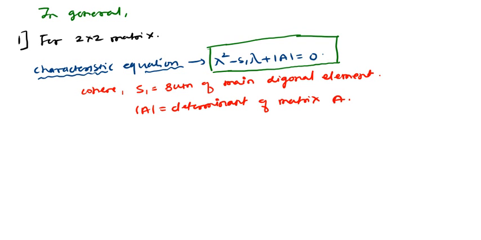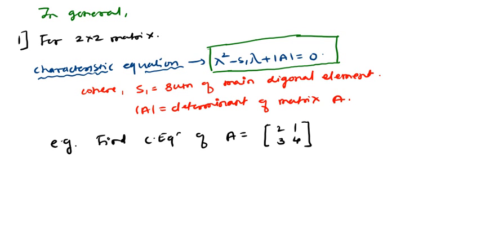From this equation you can directly find the characteristic equation of any 2 by 2 matrix. For example, find the characteristic equation of A equal to 2 3 1 4.